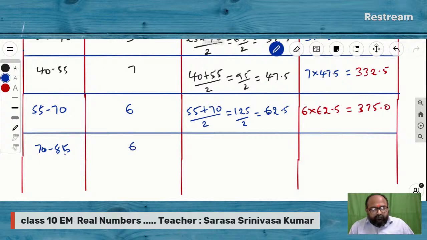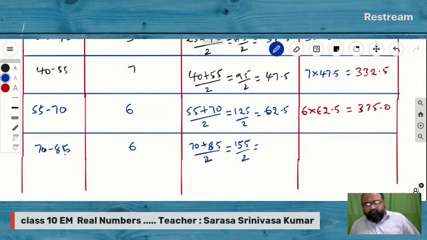Number of students equal to 6. 70 plus 85 by 2 equal to 155 by 2, that equal to 77.5.